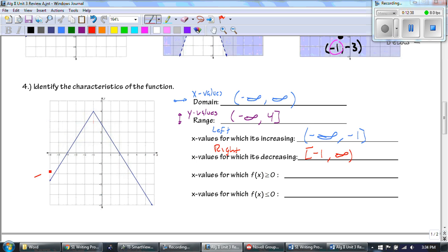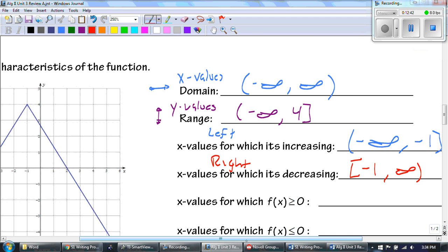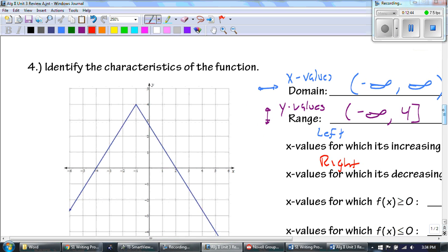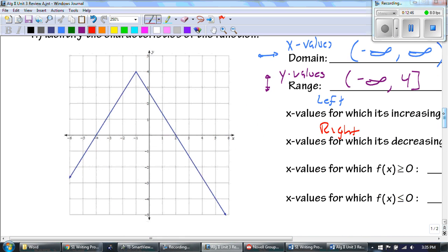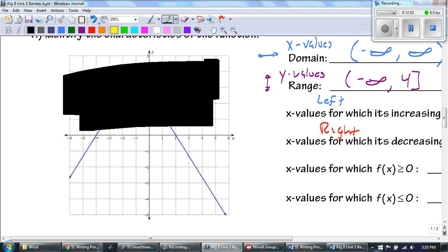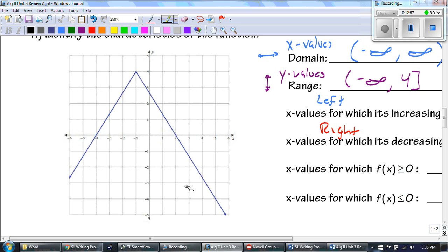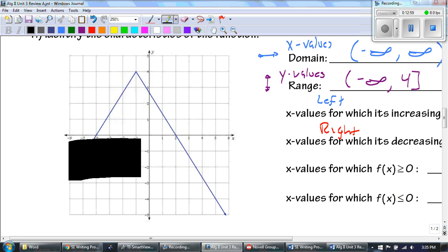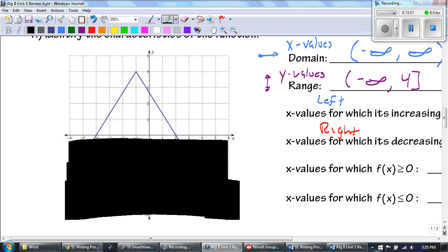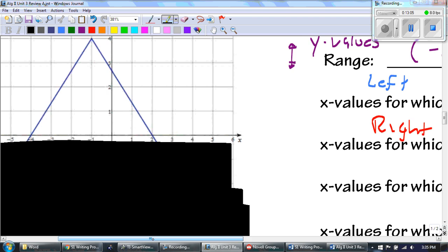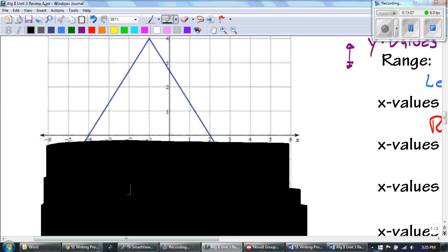Okay, last one. This is the part that I know a lot of people have trouble with. Where is our graph greater than 0? Is it greater than 0 on the top or on the bottom? Okay, well, it's greater than 0 on the top part up here. So I'm not looking at this at all. I just want to know, when is it greater?